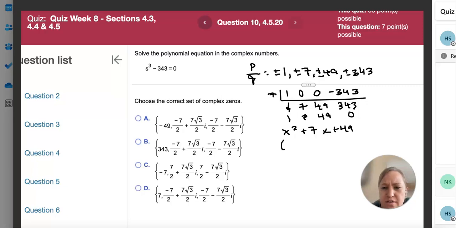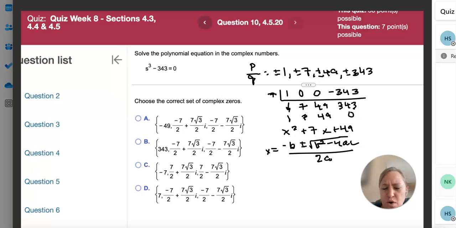Since we actually can't factor this, we have to use the quadratic formula. So that's x equals negative b plus or minus the square root of b squared minus 4ac, all over 2a.